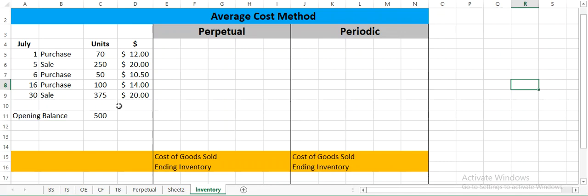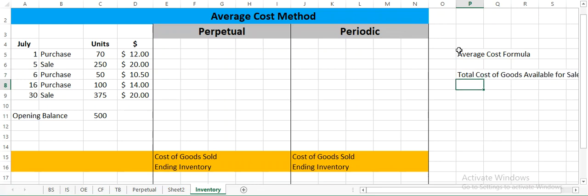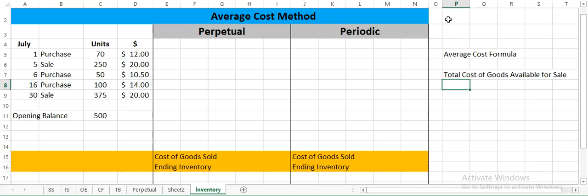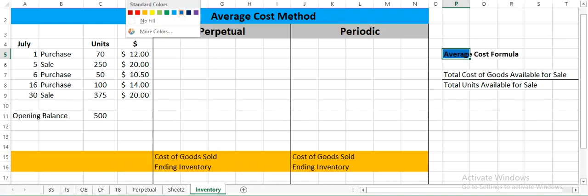We would start by looking at the average cost formula, which is total cost of goods available for sale, divided by total units available for sale. So that's a little makeshift formula area there.